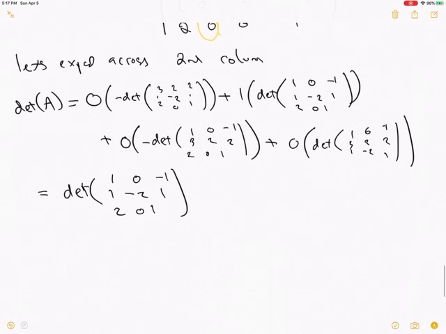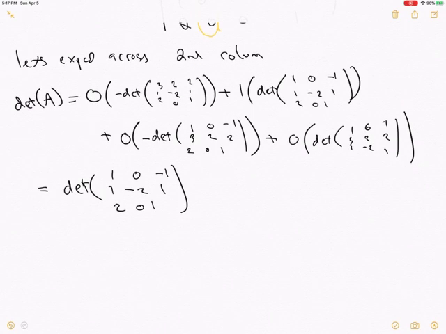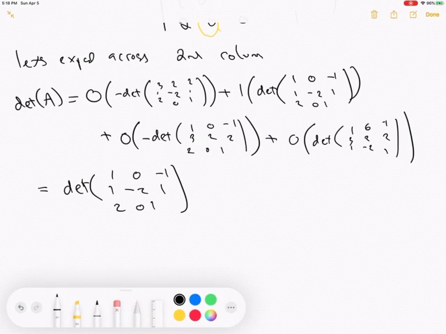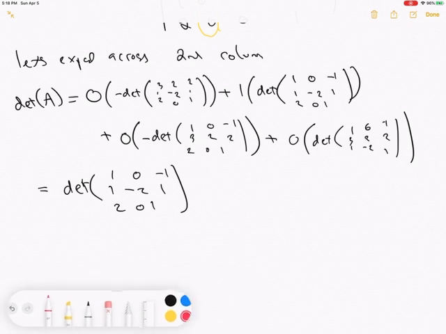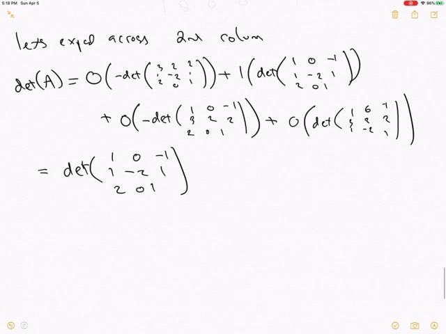Now to calculate the determinant of this 3 by 3 matrix, we can also proceed. Again, you can expand across any row or column. So to continue, let's expand across the second column again, because that has all these zeros.